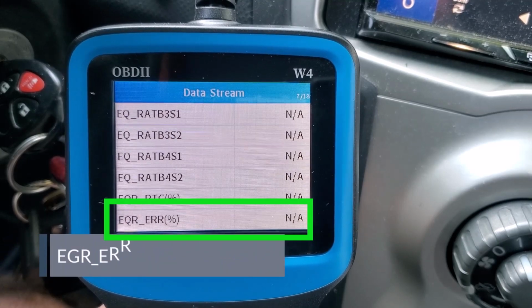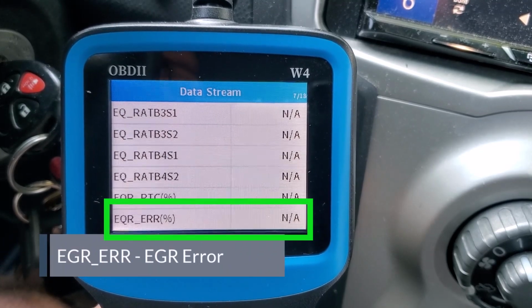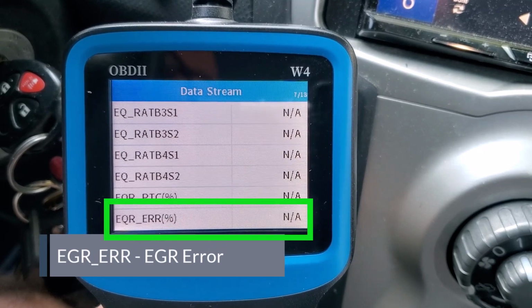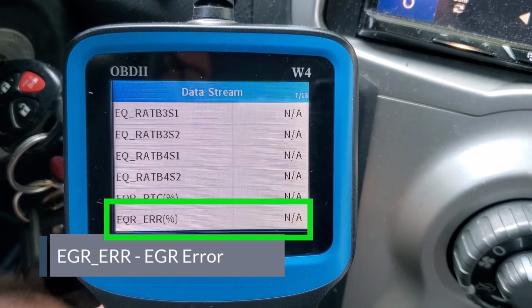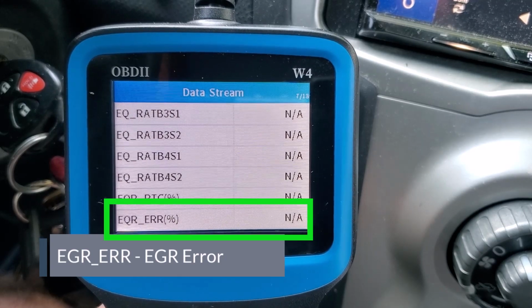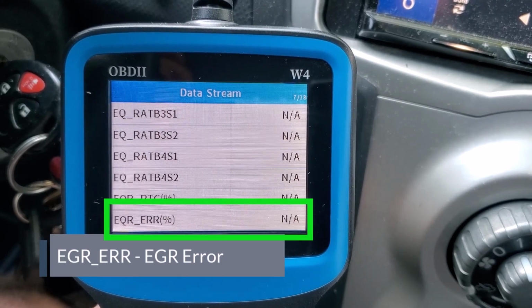Okay, next up is EGR error, not EQR error as it shows here. I'm pretty sure this is going to be EGR error, and EGR error is displayed as a percentage, based off of a formula of the actual EGR compared to the commanded EGR.